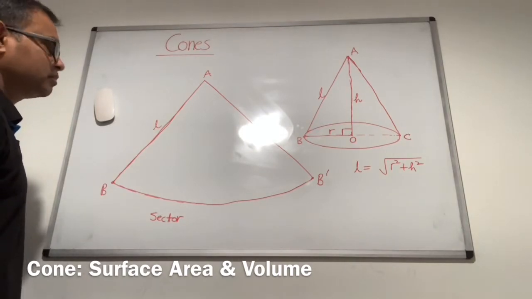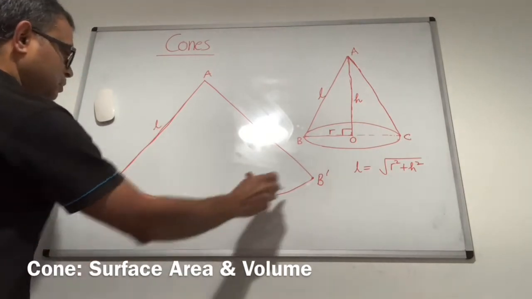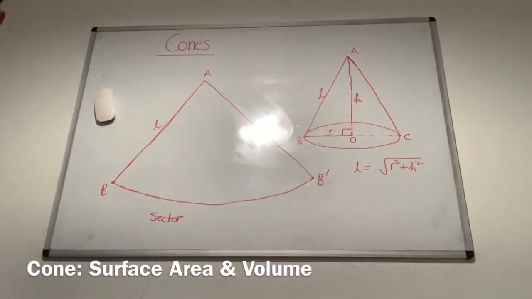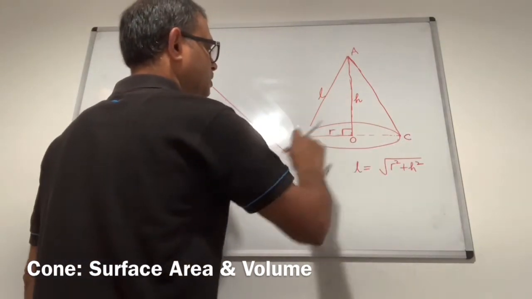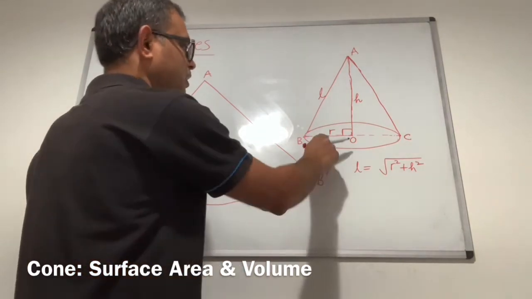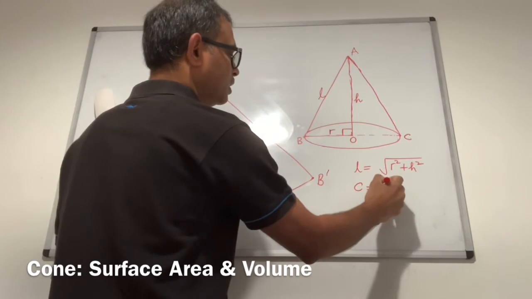Understood? And what would be this length, from B to B dash? Circumference. Circumference of what? Yes, circumference of this circle. What is the circumference of this circle if the radius is r? The circumference is 2 pi r.